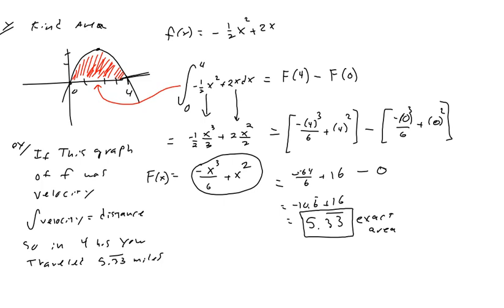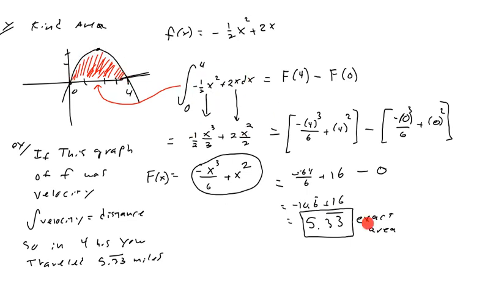So if our velocity, we start at a stop, we gain speed, we reach some maximum speed, we slow back down, and then we stop again. This is our velocity graph. That distance we have traveled, we can find using the integral.